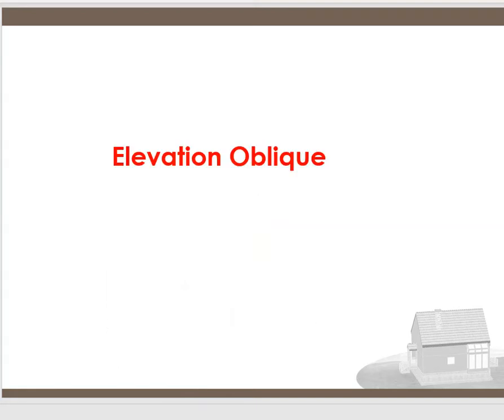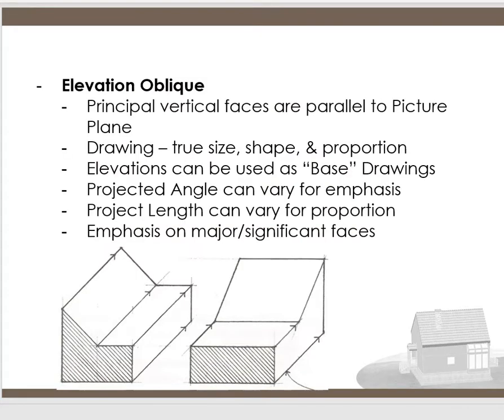Now with an elevation oblique, it's similar, but instead of using the plan view, you are using the elevation view. And once again, using orthographic projection, and instead of projecting your lines upward, you are now projecting them at that 45-degree angle.